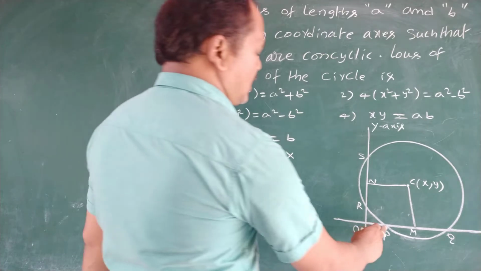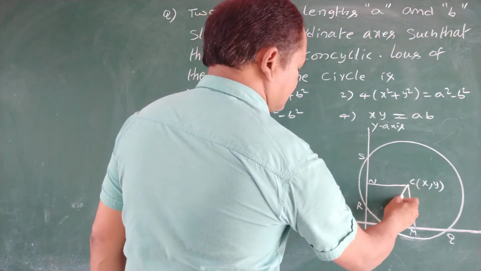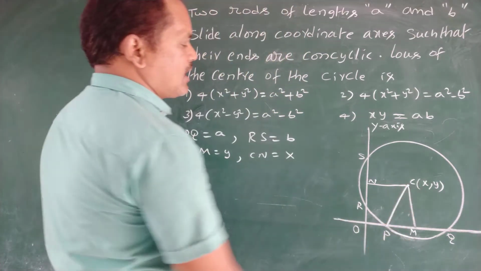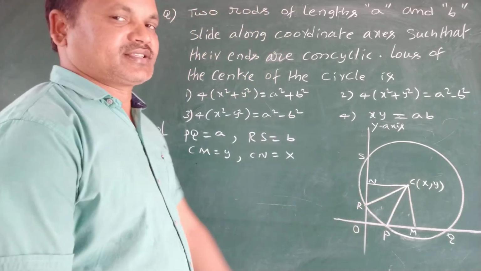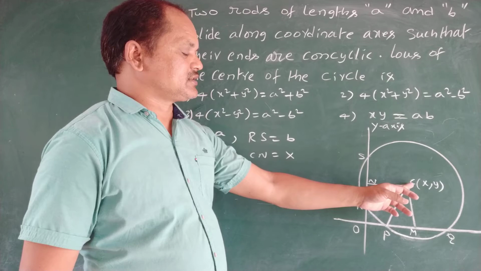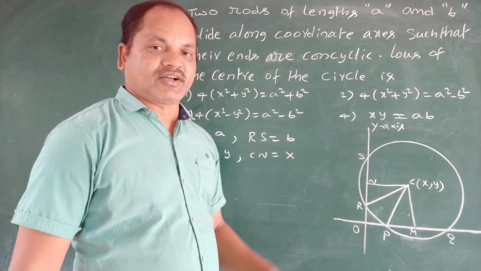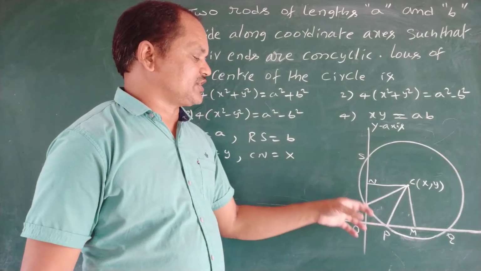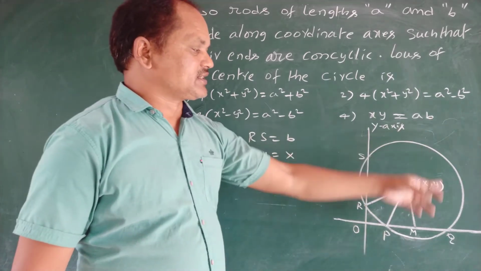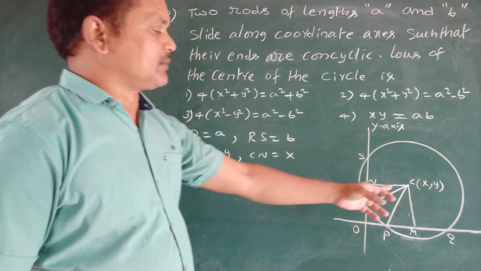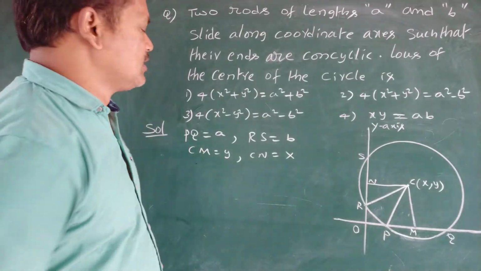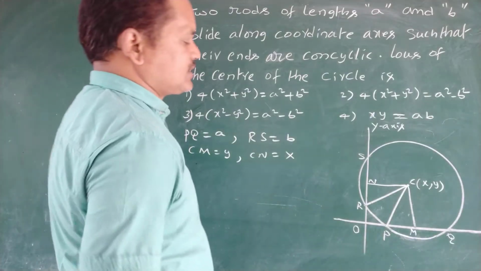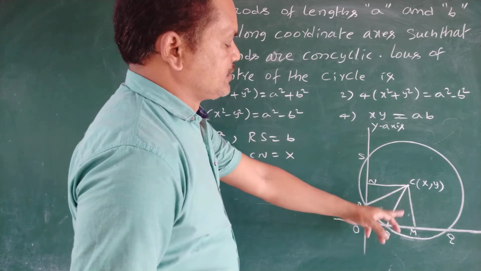Again, now CP is the radius and CR is also the radius. According to the definition of the circumcenter, which is equidistant from the points on the circumference of the circle, CP is equal to CR.